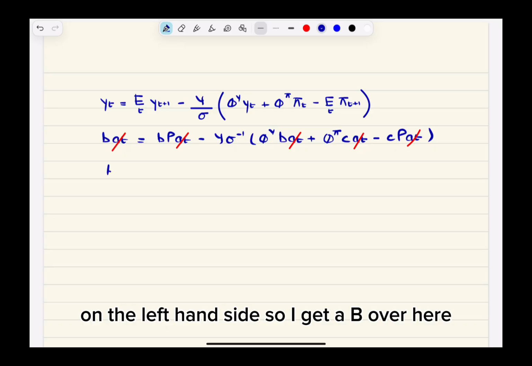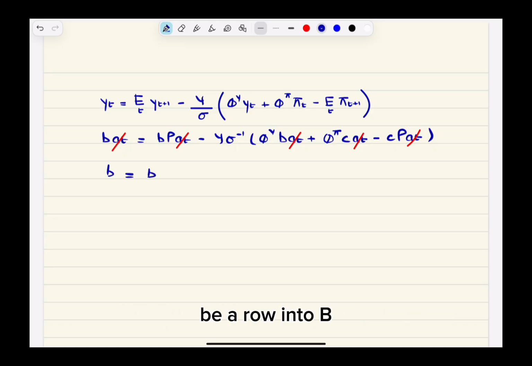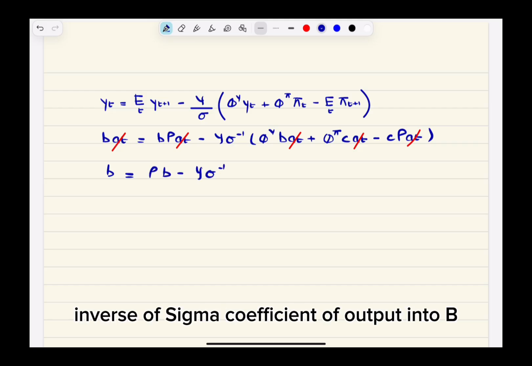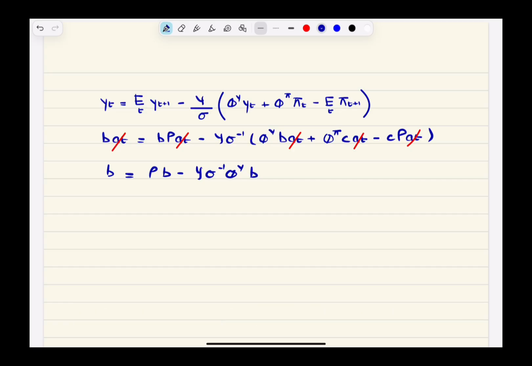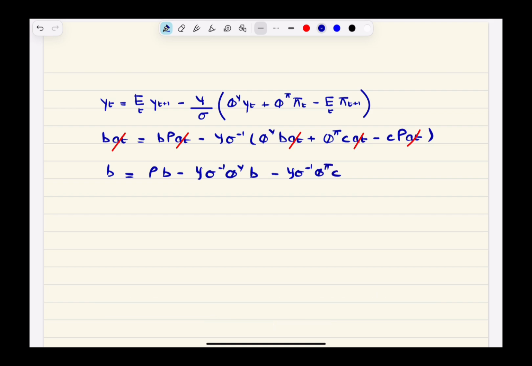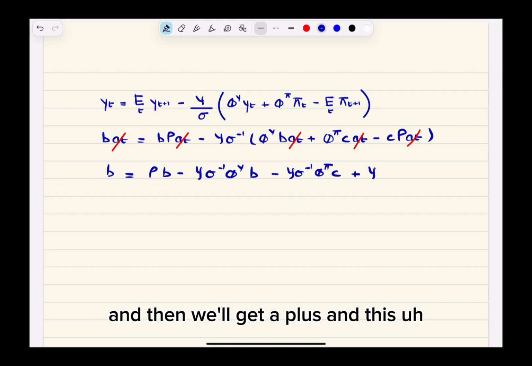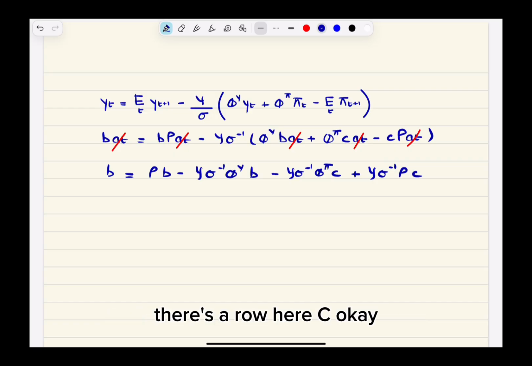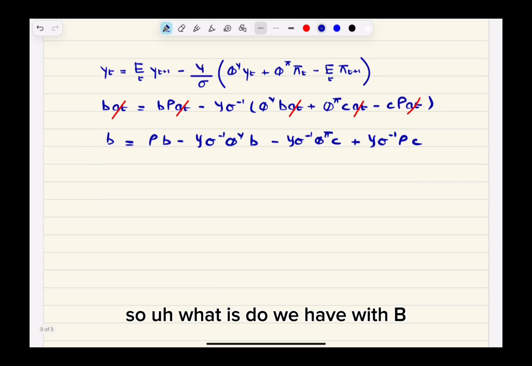So I get a B over here, B rho into B minus gamma inverse of sigma coefficient of output into B. And then we have a minus gamma inverse of sigma coefficient of inflation into C, and then we'll get a plus, and there's a rho here, C. Okay, so what do we have with B?